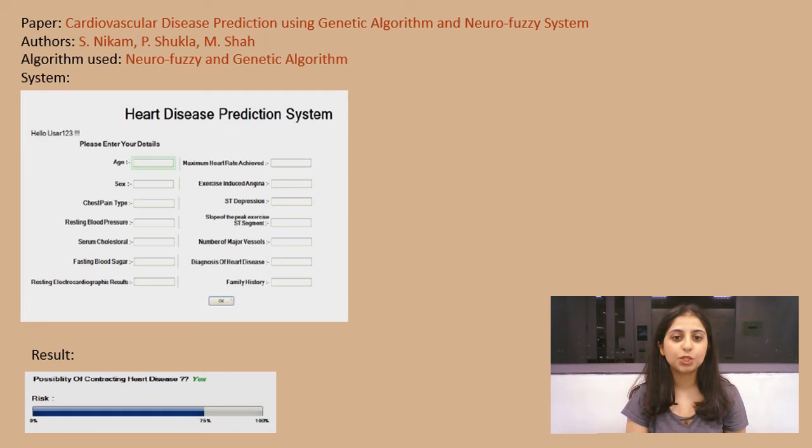Authors Nikam, Shukla, and Shah created a system which would consider visible risk factors such as age, family history, diabetes, hypertension, alcohol intake, high cholesterol, tobacco smoking, obesity or physical inactivity, and similar factors as the basis of determining the presence or potential of contracting a cardiovascular disease in a person. The result of this system is a binary output stating whether or not the individual would contract heart disease.